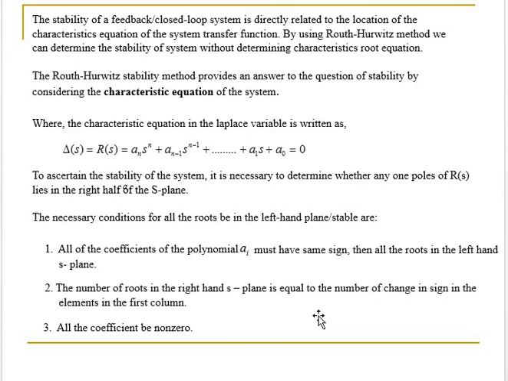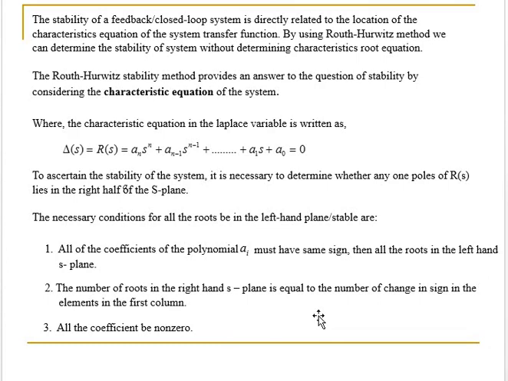The second is that the number of roots in the right half s-plane is equal to the number of sign changes in the first column of the Routh-Hurwitz array. And the third is that all the coefficients must be non-zero.